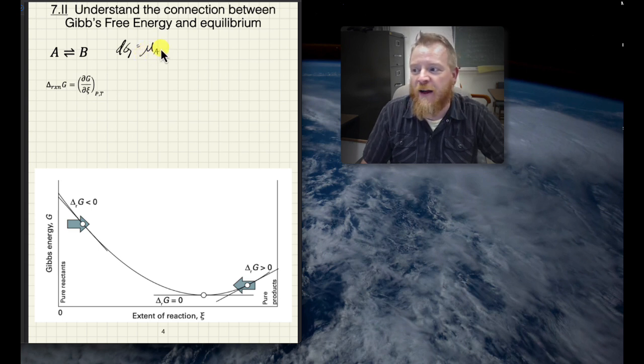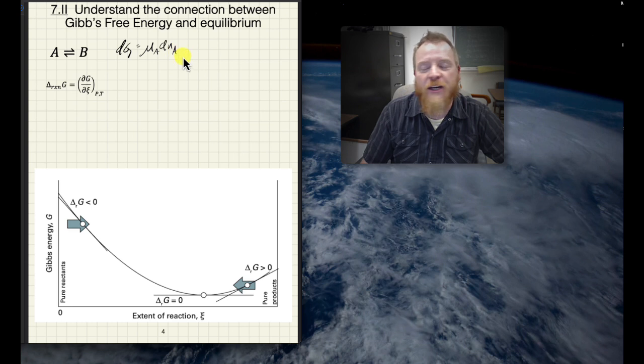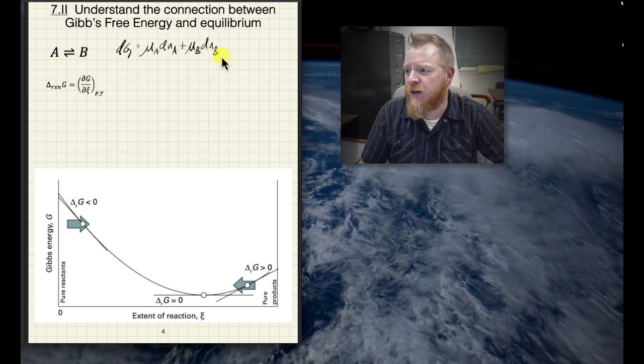The chemical potential of A times its change in number of moles plus the chemical potential of B times its change in number of moles.